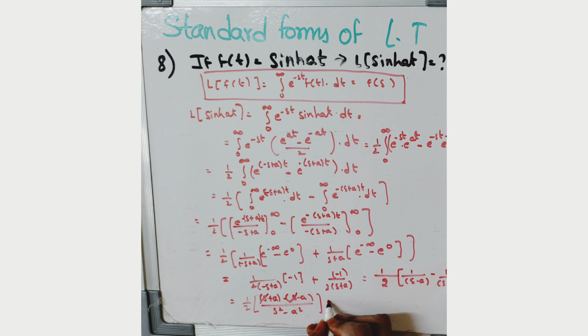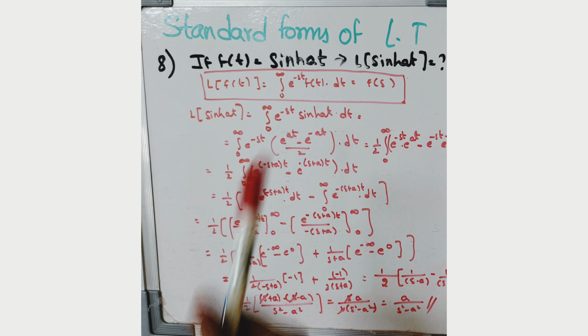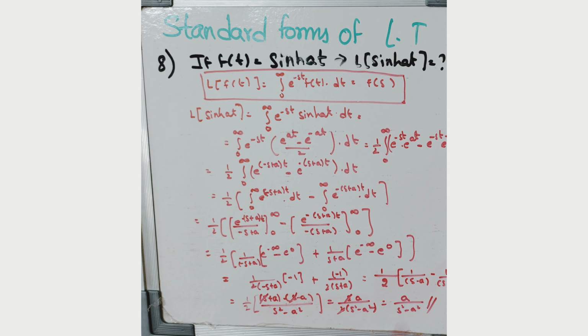This cancels, a plus a is 2a, by 2 into s square minus a square. So a by s square minus a square. So the Laplace transform of sinh at is a by s square minus a square.